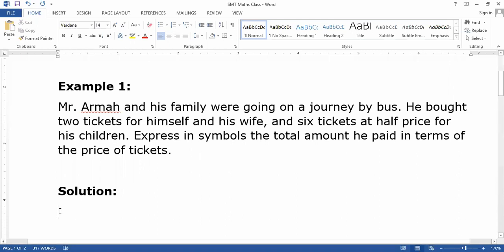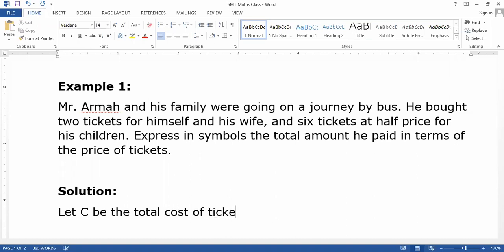So in a simple way, let's give a variable. Let's take B to represent the total cost of tickets. We are looking at the total cost of the ticket, that he paid.